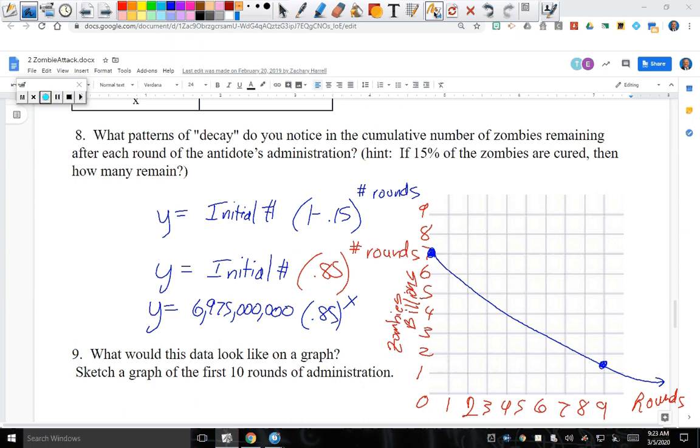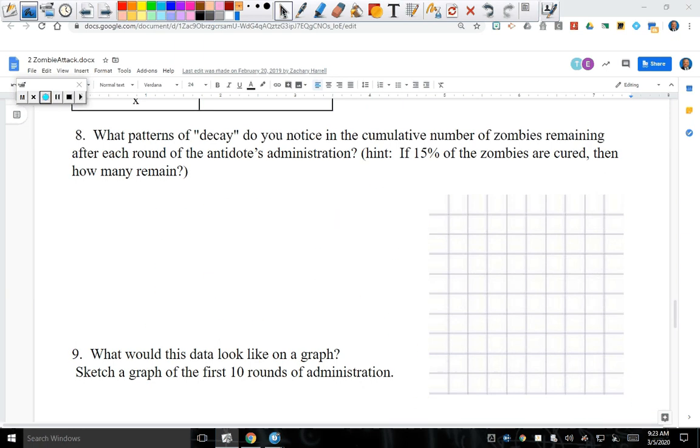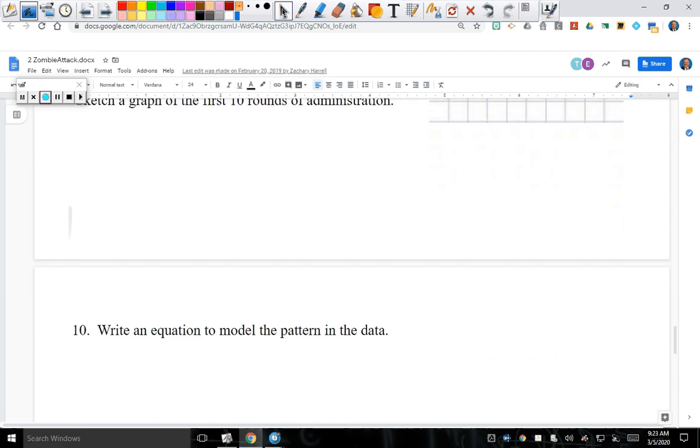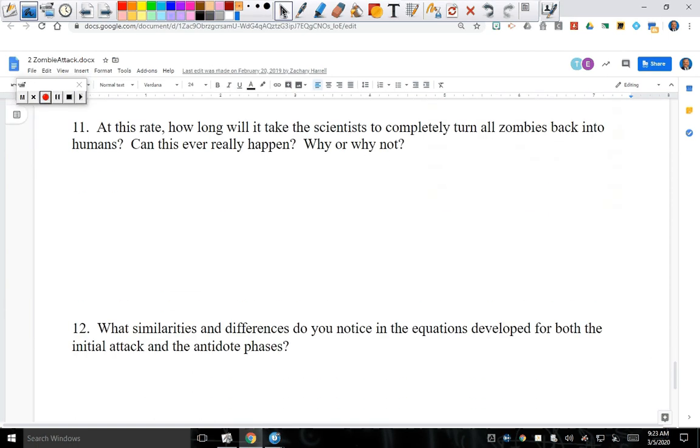Okay? Now let's go to, we're almost done. Just have 3 more. Let's go to 11. At this rate, how long will it take the scientists to completely turn all zombies back into humans? What do I do? What am I going to do with that equation? Set it equal to what? 0.